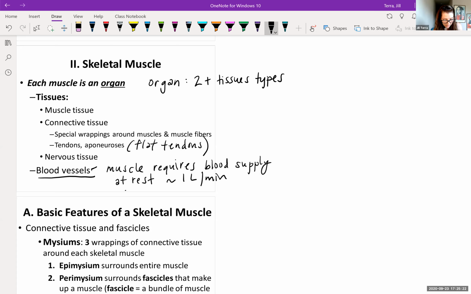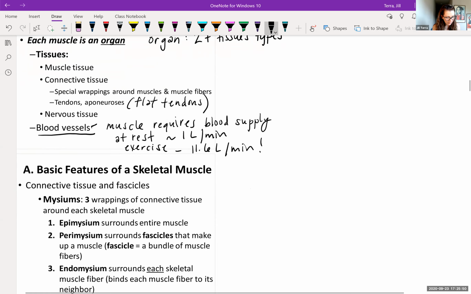And when you exercise, that blood supply increases up to about 11.6 liters per minute. And so our muscles need a lot of blood in order to function. They're very, very needy for glucose and oxygen that is being supplied in that blood. And so we're going to see how the blood vessels are very intimately associated with our muscle cells, okay?